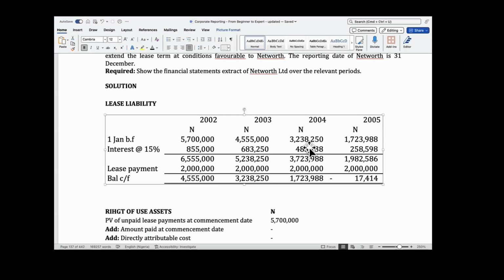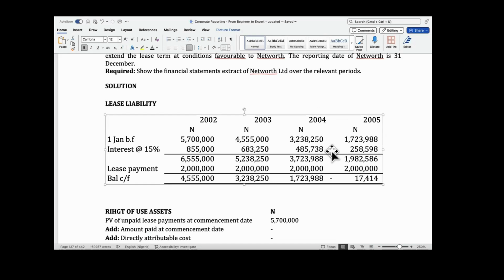You add the interest, 15% of 3.2 gives you 485,738. You add it to the 3.2, we get 3.723. You deduct the rent of 2 million. We have 1.7 million, which we are going to carry forward again in year 4.